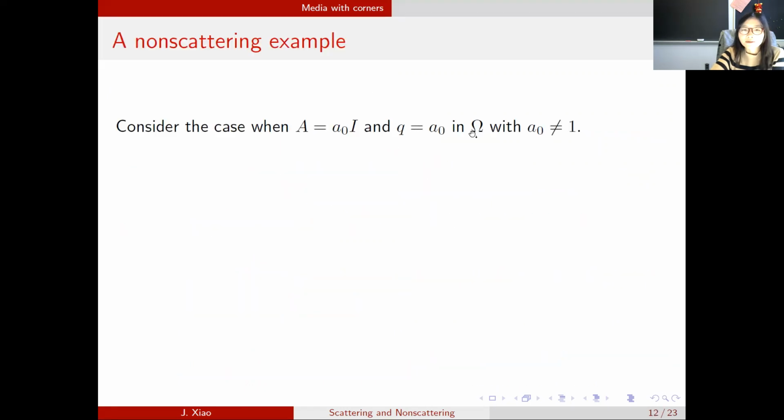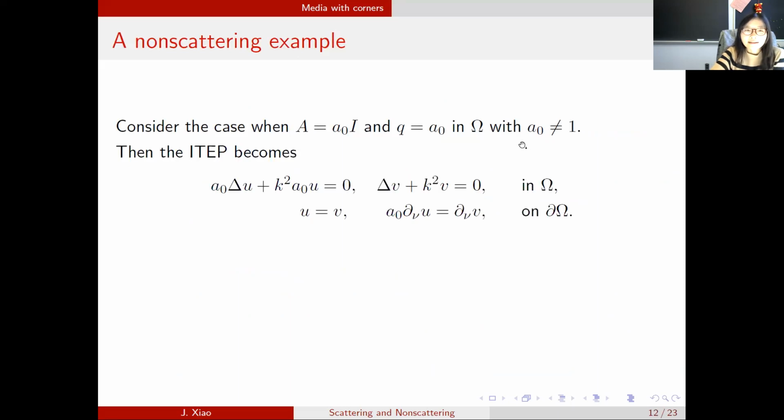Of course, we assume there is a jump, okay? In this case, there is a funny thing because now A and Q are the same, moreover, A is a constant, so U and V actually satisfy the same equation. But of course, we have a transmission condition across the boundary due to this inhomogeneity A.